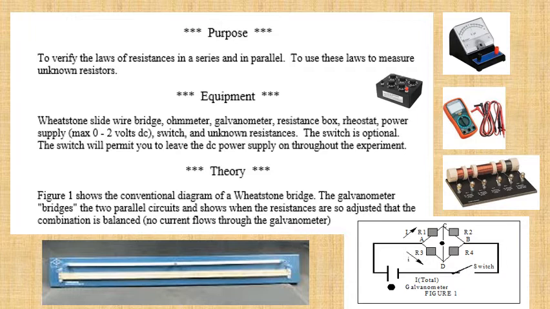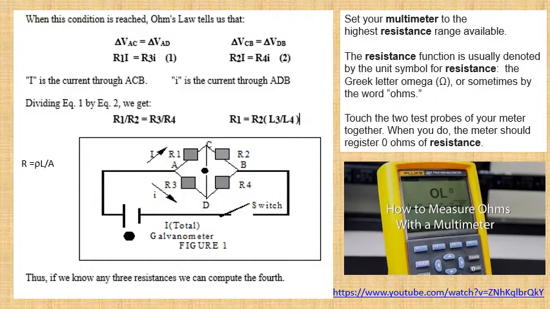You have a resistor box, a galvanometer, a multimeter, 2 sets of spools, and a power supply that is not shown. Again, you see the configuration that we have. In this case, we go through the same sort of math as before, and R1 would equal R2 times the quantity length 3 over length 4.